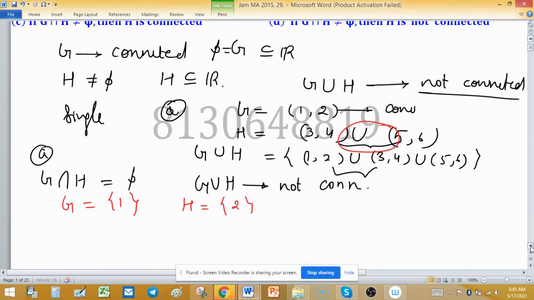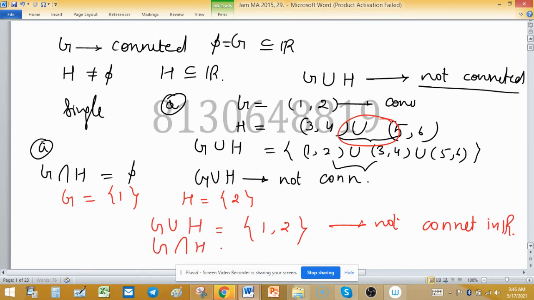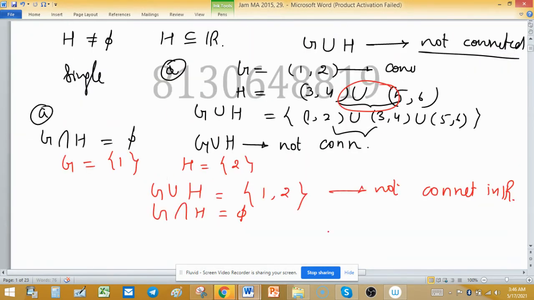So they are subsets of R. Also, their union G union H will be {1, 2}, a discrete set, and this is not connected in R. Also their intersection is phi. So here H is connected.